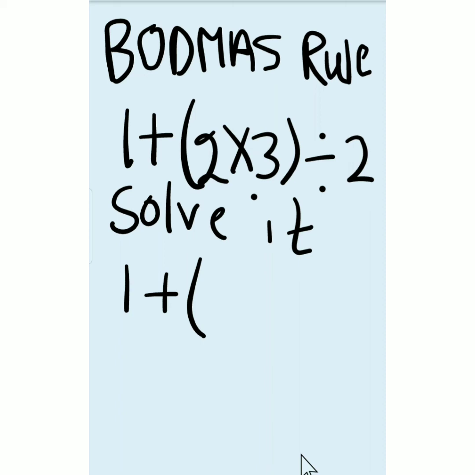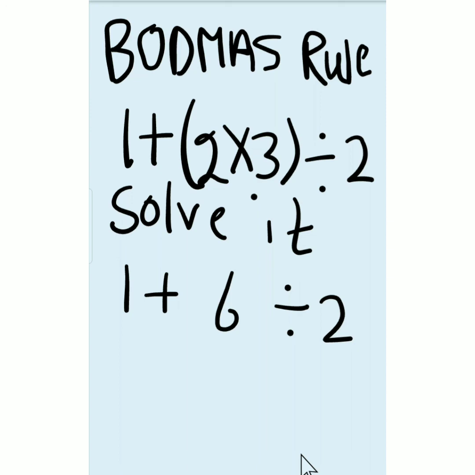Now in the bracket it's 2 times 3, and 2 times 3 is 6. Outside the bracket is divide, so we put it as it is. So in just one step we have solved the bracket: 2 times 3 is 6. Now we can write it without the bracket. So here it is 1 plus 6 divided by 2.